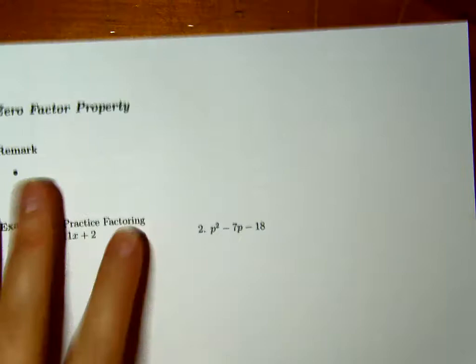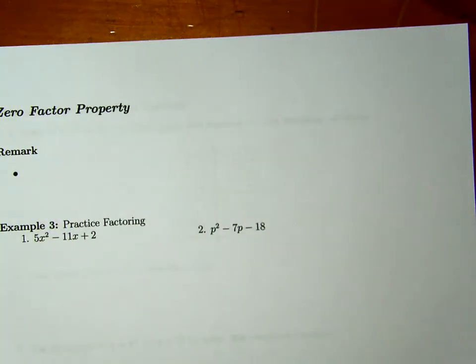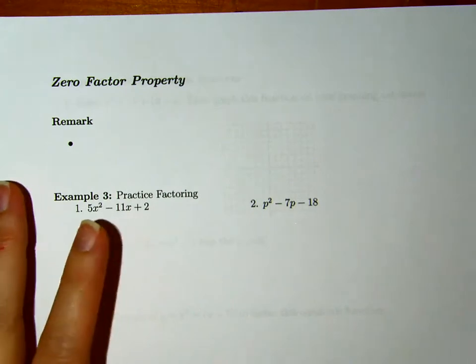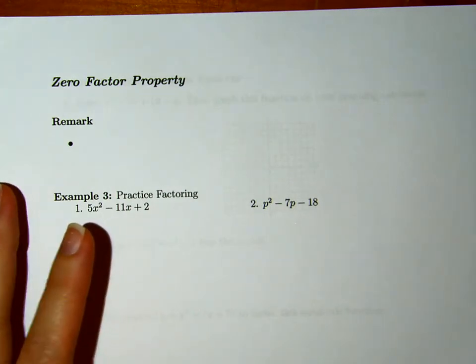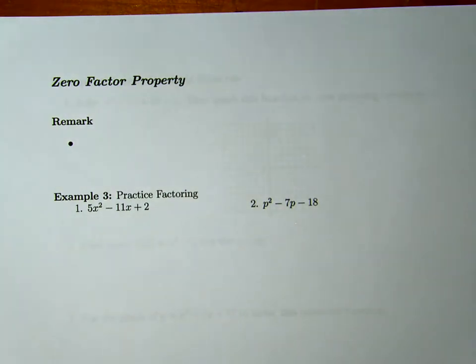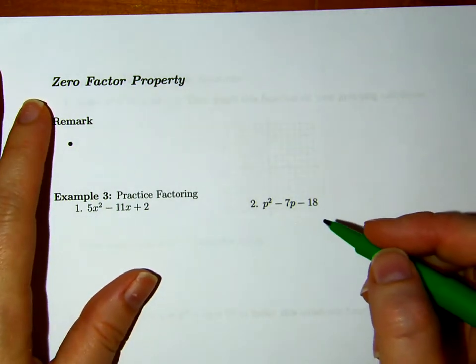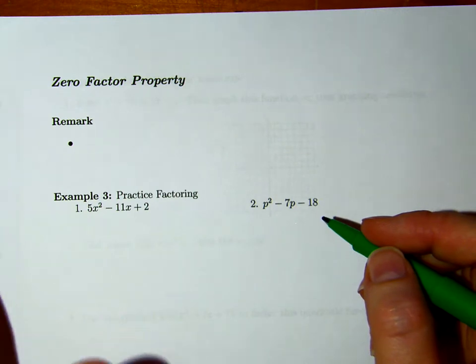Beautiful. So, really quick, let's define this zero factor property. If two or more numbers multiplied and their result is 0, then one of them had to have been a 0.